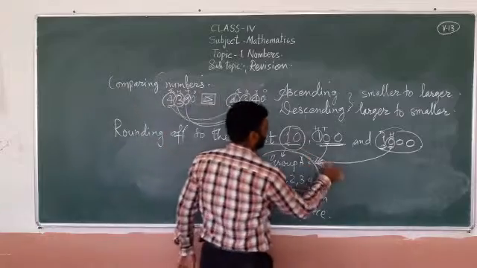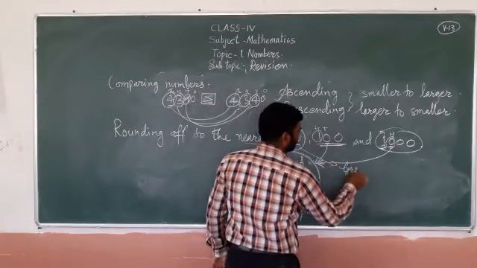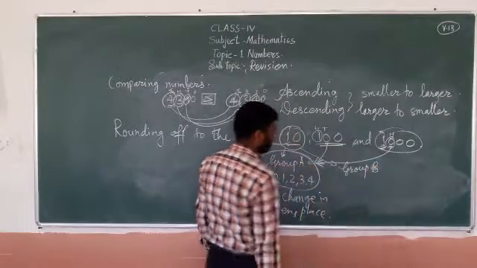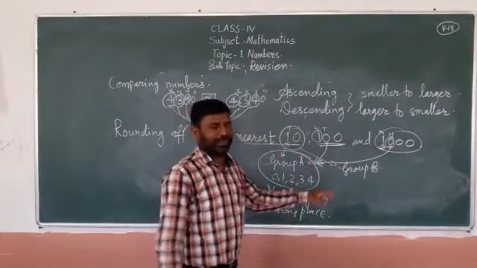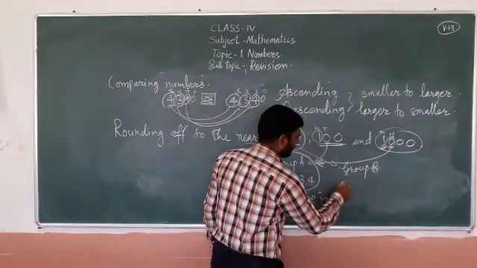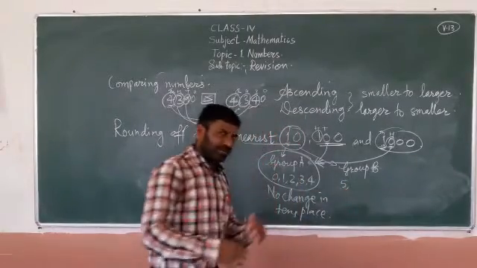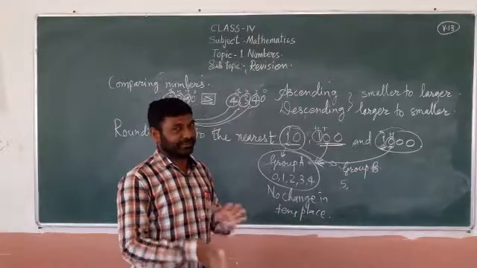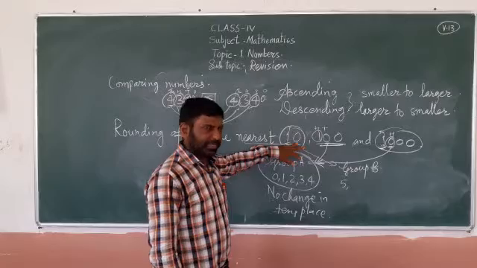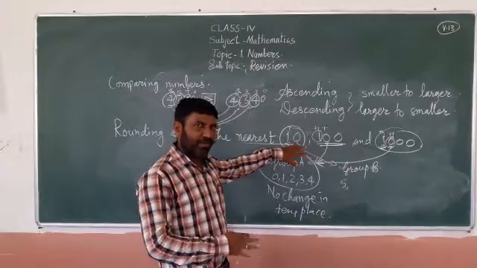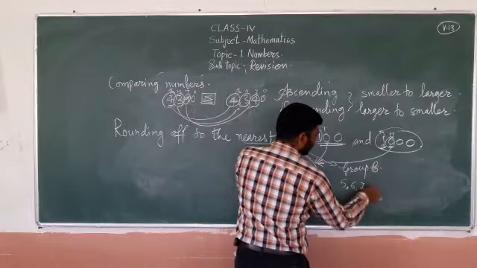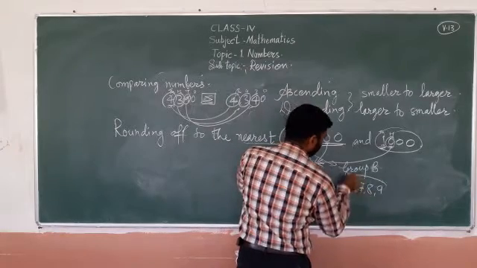But when rounding to the nearest 10, if the number is from group B, which are the group B numbers? Memorize. 5 or more than 5: 5, 6, 7, 8 and 9.